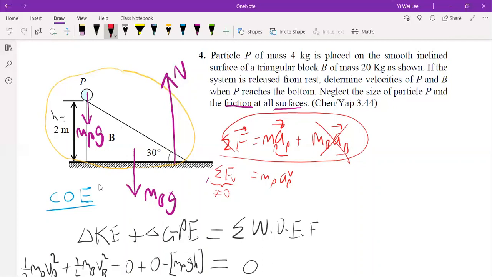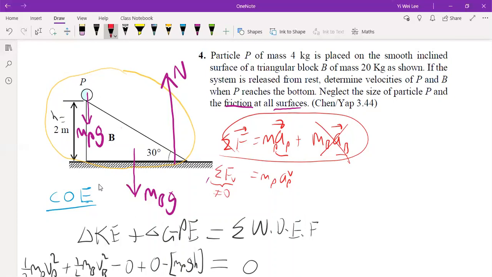In other words, I just proved that the net vertical force could not be zero. If you don't understand what I'm trying to say here, please review this equation. But I'm going to summarize this one more time. First of all, we know that the external vertical forces would not cancel each other, because if we apply Newton's second law across this boundary, we realize that there will be no vertical acceleration for the B cart, and there will be vertical acceleration from the P particle.